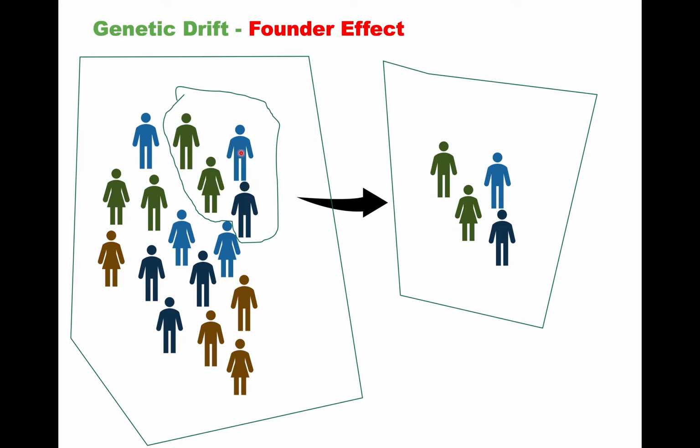But for whatever reason, a small part of this population picks up and goes to another place and becomes the founder of a new population. Since the new population is taking a small sampling of a large population, it doesn't include all the different alleles that are present. So the new founder population doesn't have all the alleles of the original population, the allele frequency changes, and this population has evolved.